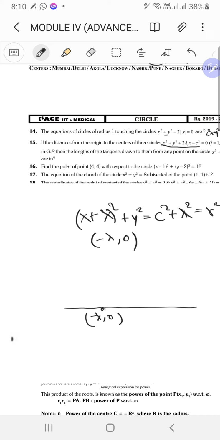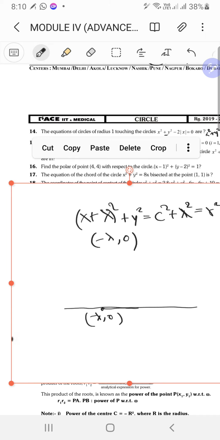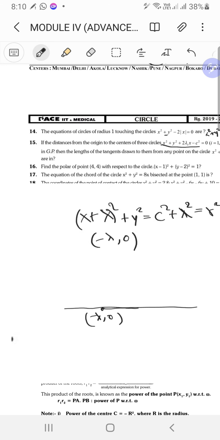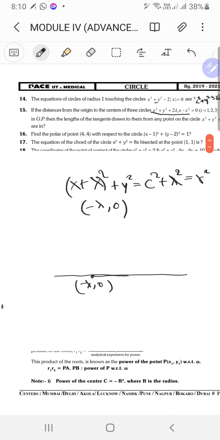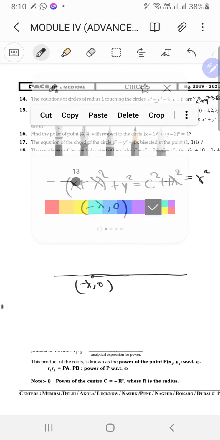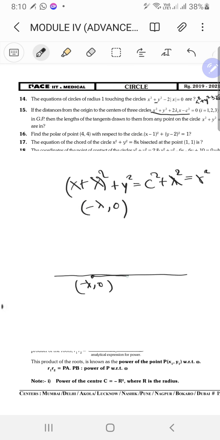Okay, this is very weird. So this distance is lambda. Okay, and this is the center most likely, right? This is 0 comma 0, and c squared plus lambda squared should be a little bigger than this, so it's going to be somewhere over here.